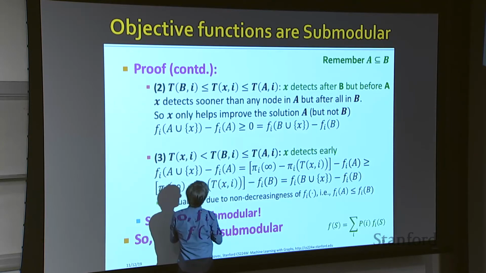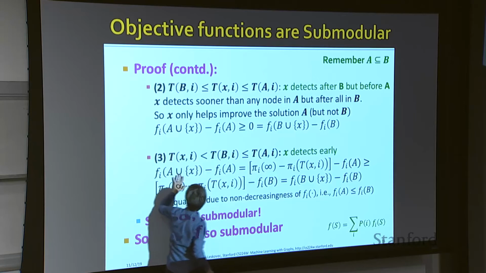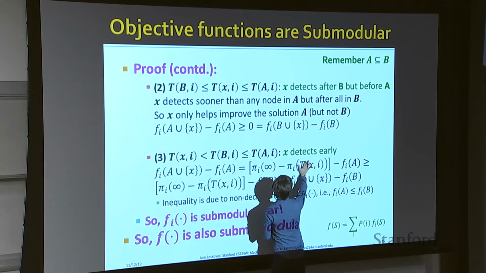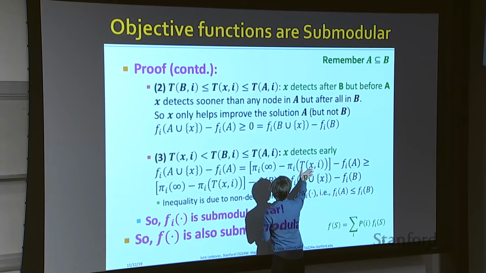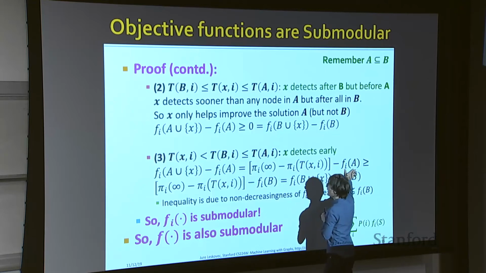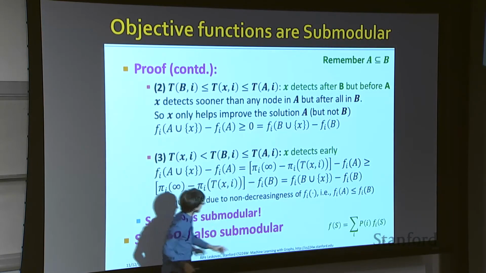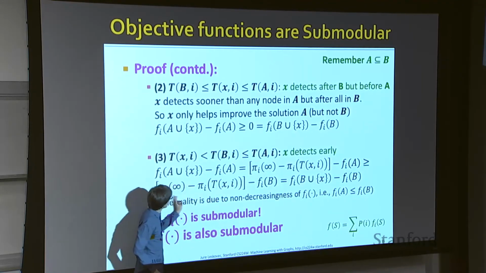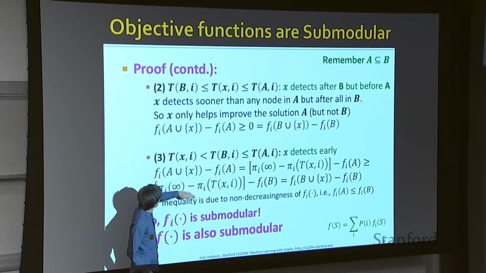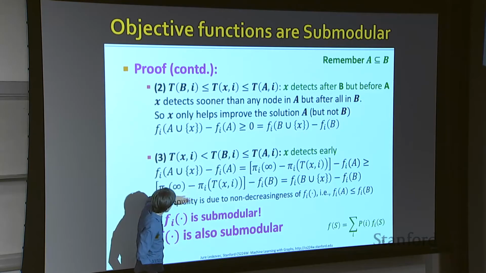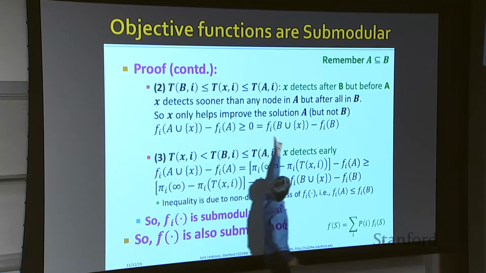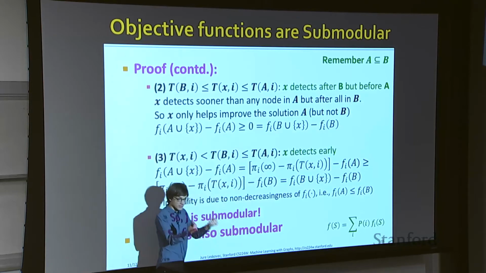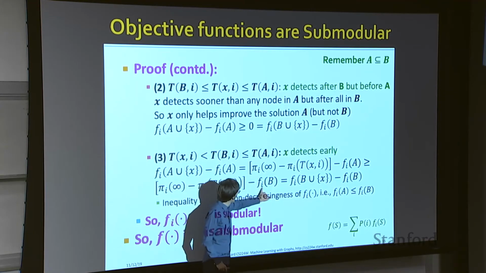We are saying if X is the first to detect, then f of A union X is the penalty reduction of detecting at this time, minus f of A. And now what I want this to be greater than or equal to is, again, the penalty reduction for detecting at time X. So I'll actually get the same value as I get for A, because X is the first sensor to detect. But here I have minus f sub i of B.